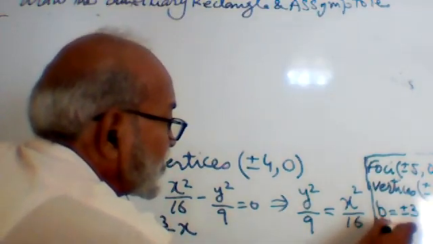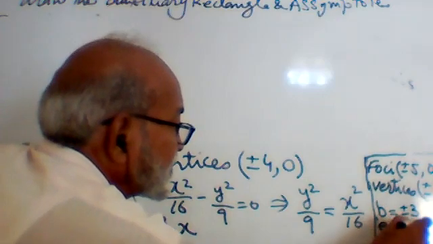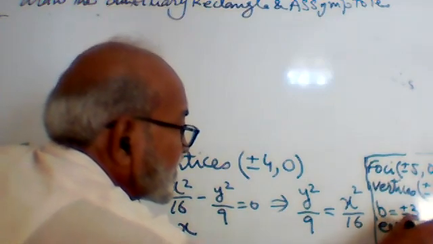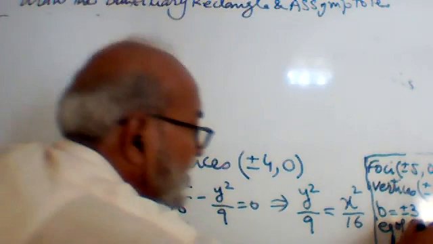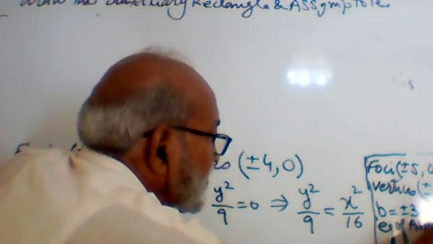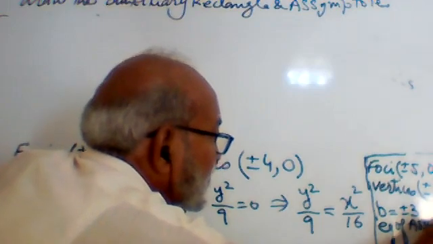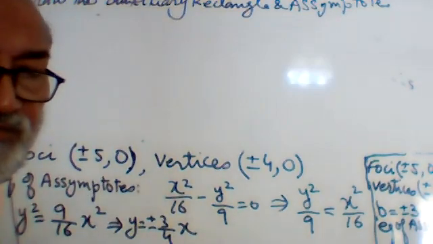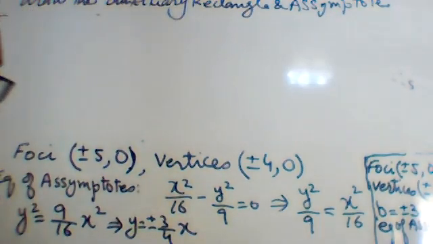Equation of asymptotes plus minus 3 upon 4.